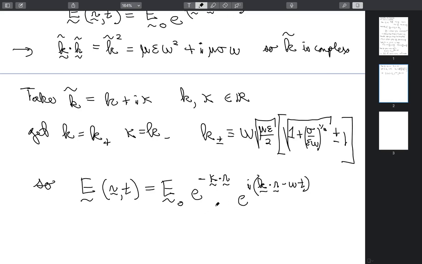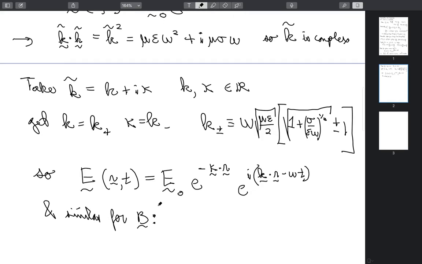So what this represents is just a wave that is decaying exponentially as it propagates inside the sample. Okay, and similar for B. Okay, so for B it's the same thing. We just have to solve the third Maxwell equation, giving us the usual k over omega thing, but we'll make that explicit later. Okay.